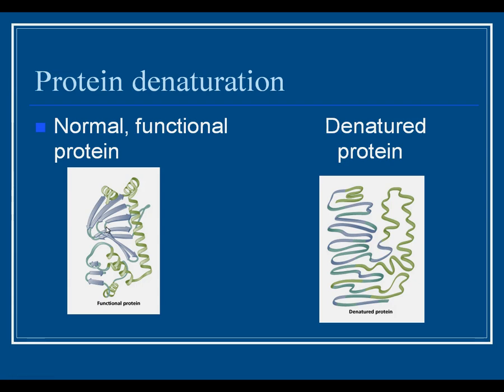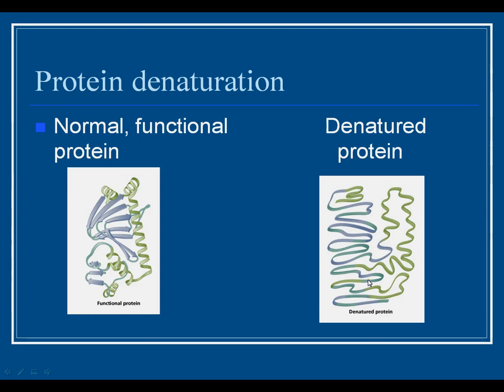Now, what happens when a protein gets denatured, so the temperature is too high or too low, or the pH isn't what it should be, you can actually break the chemical bonds holding these swirls and these folds in place. And when that happens, the ribbon loses all shape and it just becomes like this huge wet spaghetti noodle. And this huge wet spaghetti noodle no longer has an active site.